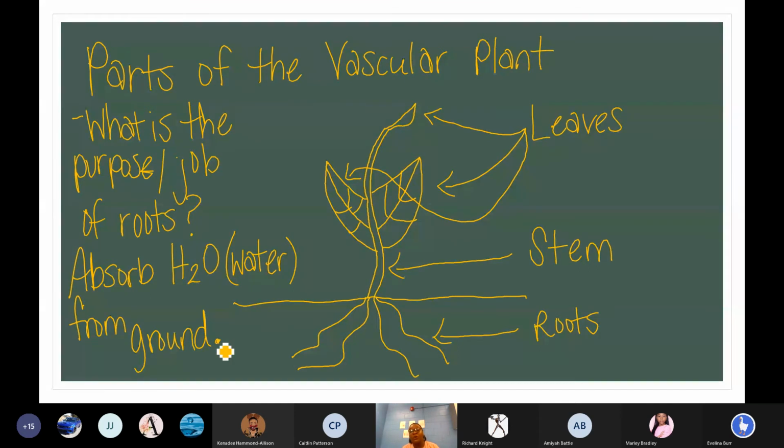What we're going to do tomorrow is dissect a stalk of celery. And through that dissection, you're going to be able to see a very important highway of the celery stalk that shows a highway inside of a plant's stem. And it's called the xylem. And the xylem carries water from the roots to the rest of the plant.